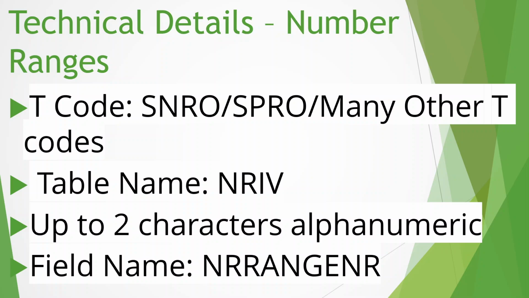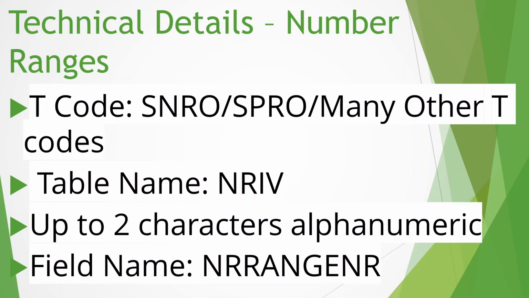Technical details of the number ranges. What all T codes we have? We have literally a bundle of T codes. We have SNRO, we can go via SPRO, we can use FBN1, XKN1, XDN1, and there are so many number ranges. As I said, there are so many business objects available in the SAP system.